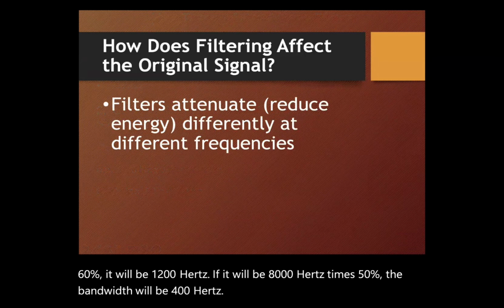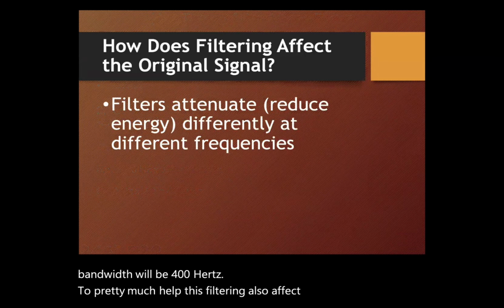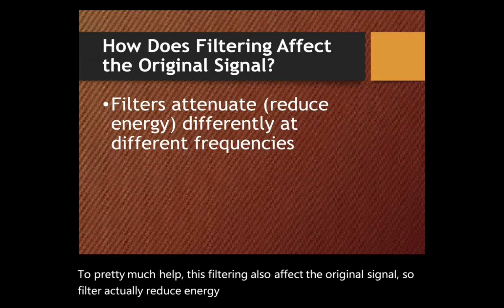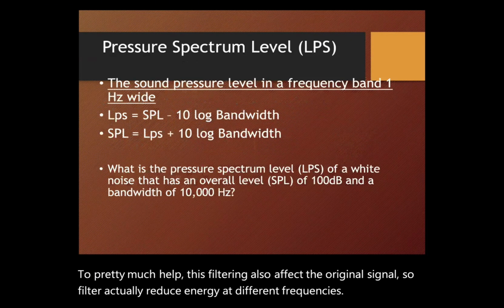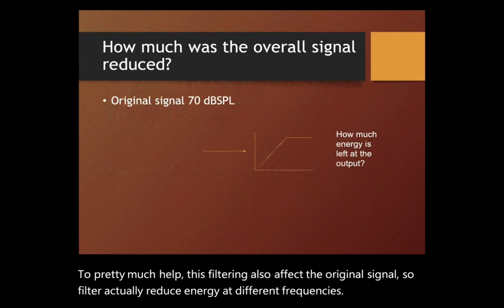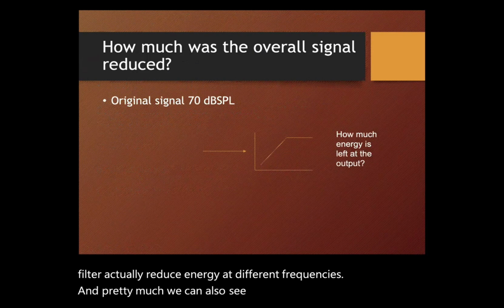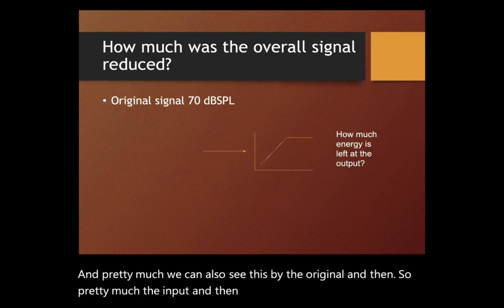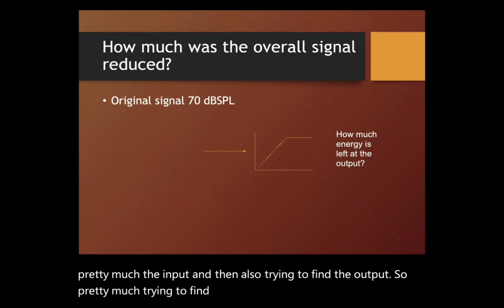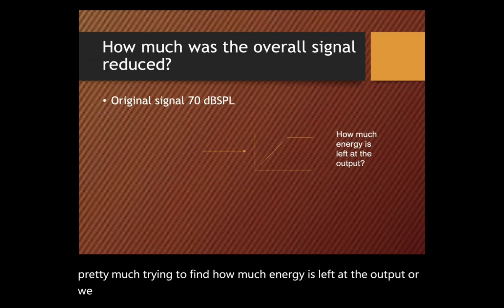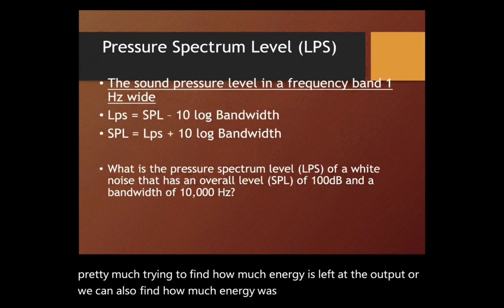So how does filtering affect the original signal? Filters actually reduce energy at different frequencies. We can see this by comparing the input and the output, trying to find how much energy is left at the output, or how much energy was originally at the input.